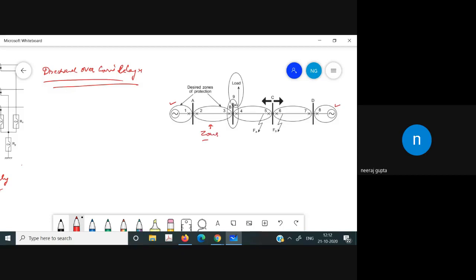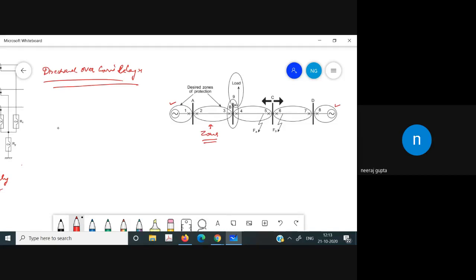So it means that the relay will trip during these desired zones. Let us suppose that we have the overcurrent relay, since we are discussing the overcurrent relay. We see from this diagram that we have to verify whether it is possible to implement the desired zones using overcurrent relays.